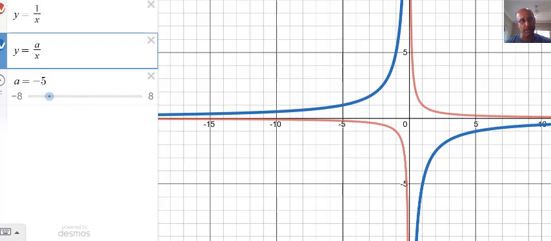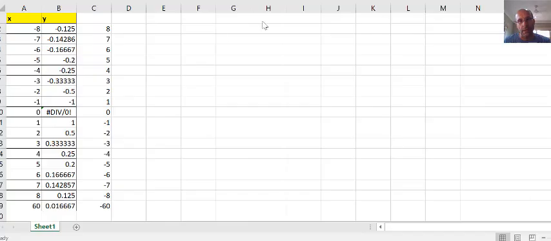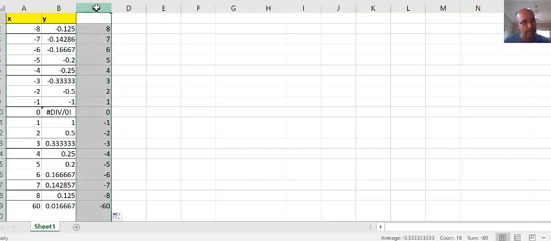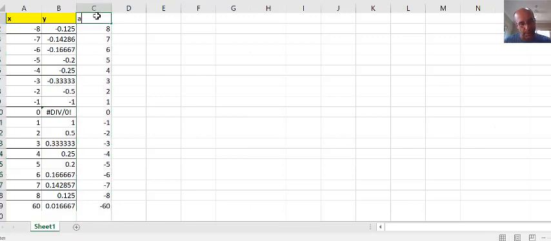So basically, if you have a look at this column here, column C, the negative a, if a was negative 1, so that would be like a equals negative 1. Whoops, a equals negative 1. I've got my negative sign. Here we go. You can see that's what it would do to the y values.